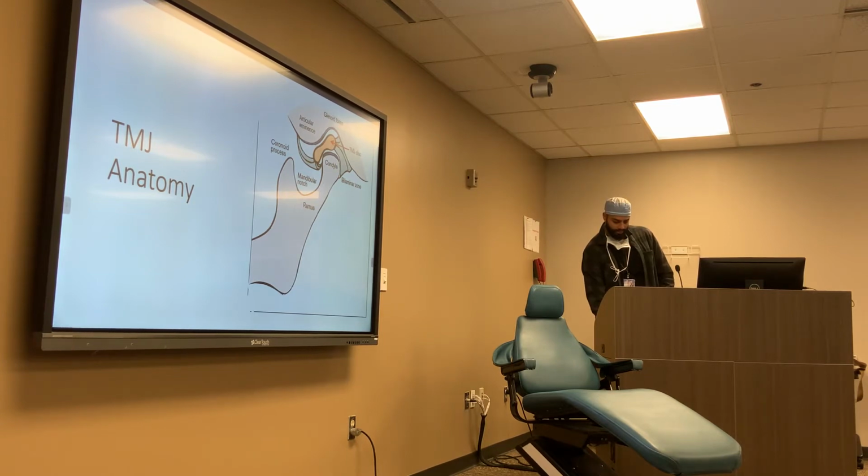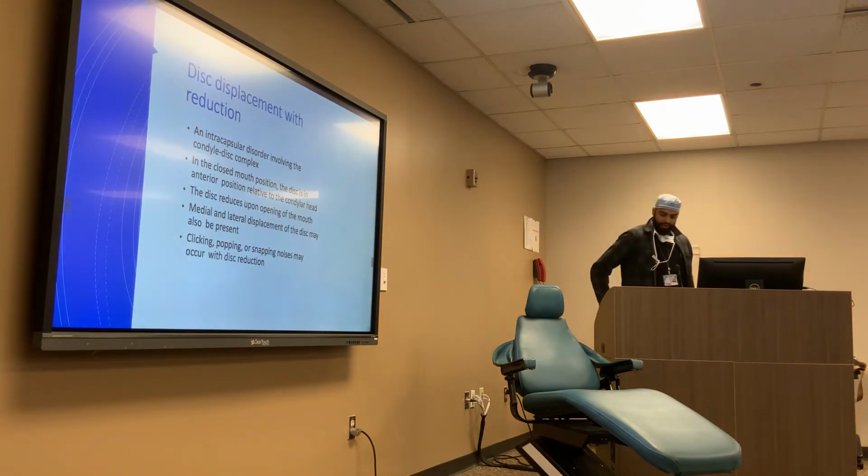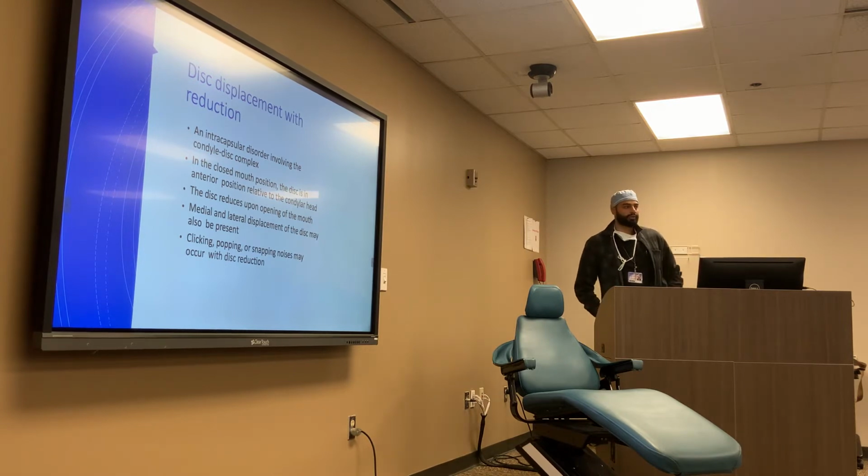So now let's go back to the slide here where we talked about what's going on. So yeah, get a good picture of that in your head real quick. So yeah, in the closed mouth position, the disc is anterior to that condylar head. So we saw it sitting right on top of that head pretty perfectly, right? In this situation, when you have disc displacement with reduction, that disc is anterior to the condylar head.